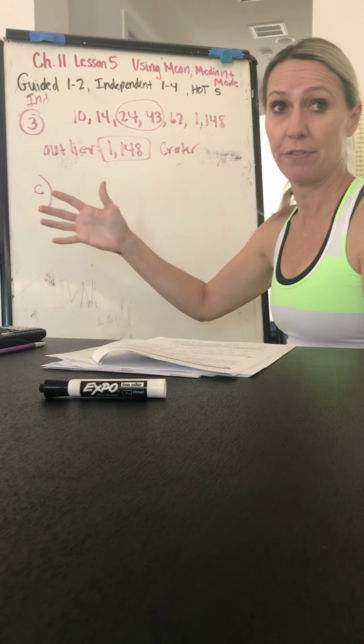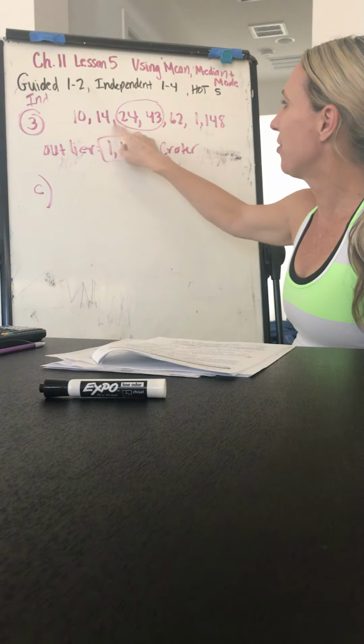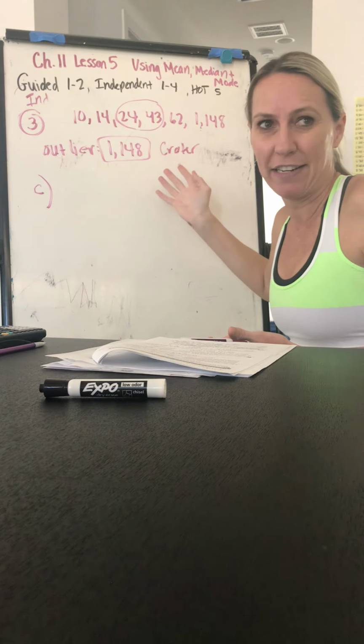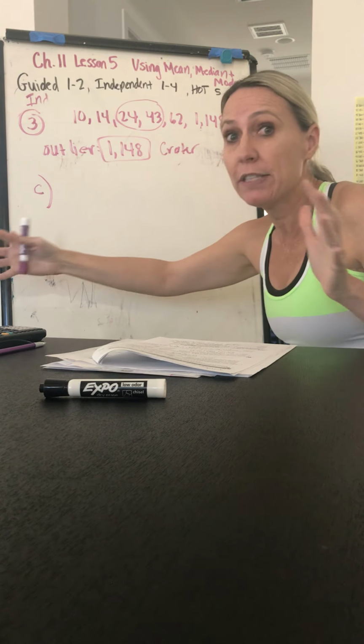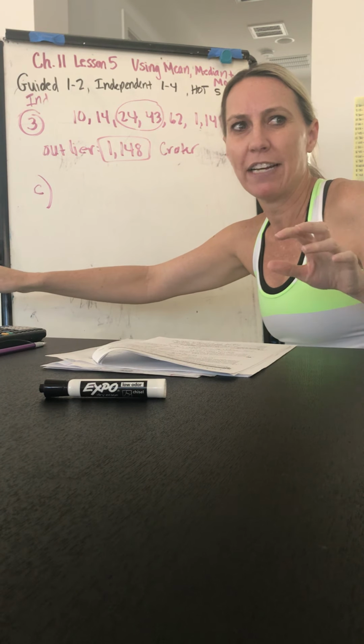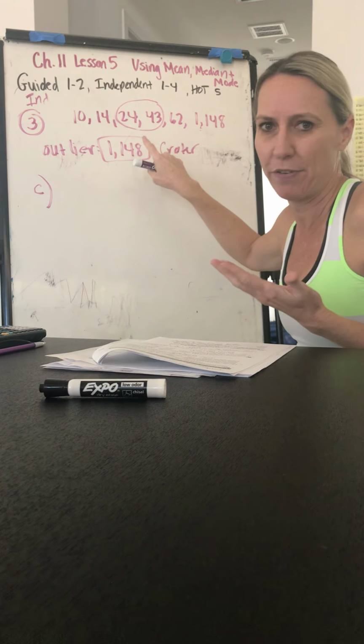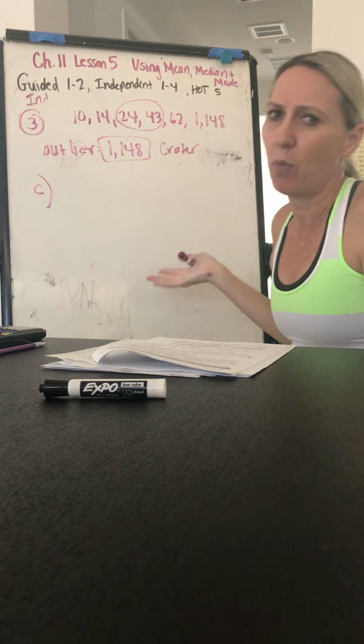Okay, but right now, with what you guys are doing, because this is a low level of statistics, this is 6th grade math. I think you're 5th graders. You have 6 pieces of data. If you're looking at 1,000 pieces of data, and there might be 4 or 5 outliers, there could still be that many outliers. But when you only have a low number of data, you're usually only going to have one outlier.